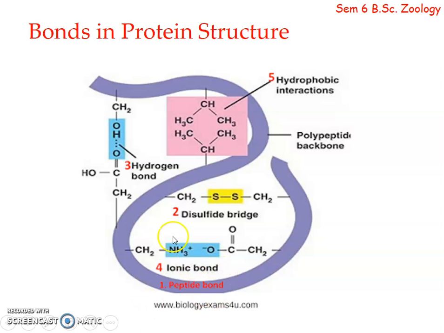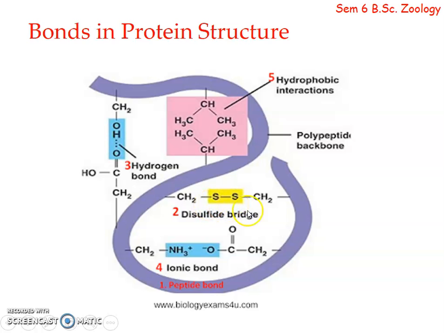Okay. Now the next one we have is the disulphide bond. Okay, here you can see the disulphide bond, the SS bond. Disulphide bond is yet another covalent bond. Okay, disulphide bond is formed by the sulfhydryl groups or the SH groups of two cysteine residues to produce cystine. Okay, so one cysteine molecule with an SH residue and another cysteine molecule with an SH residue come together to form a disulfide bridge, the SS bond.